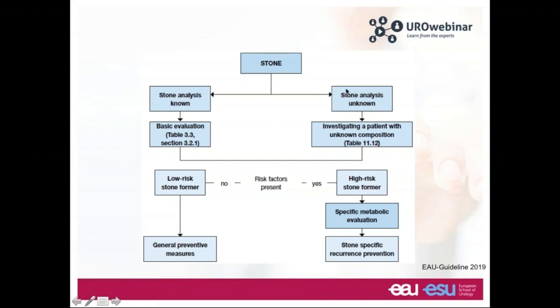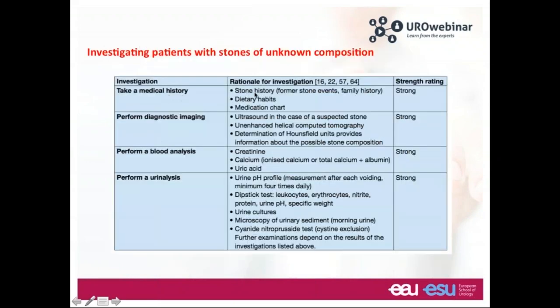The stone analysis is unknown in approximately 30% of our patients. Most of the time when we operate, we take a sample and we have the stone analysis. So what will be the next step? If you don't have the stone analysis, the next step is how to investigate these patients. You have to take a thorough medical history about the stone history, the dietary habits, and the medication chart, as we discussed.